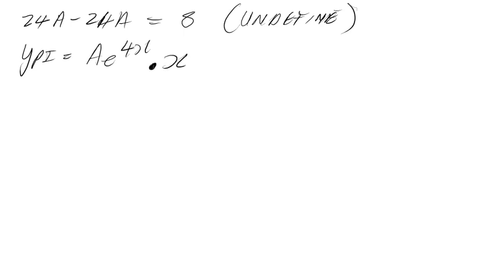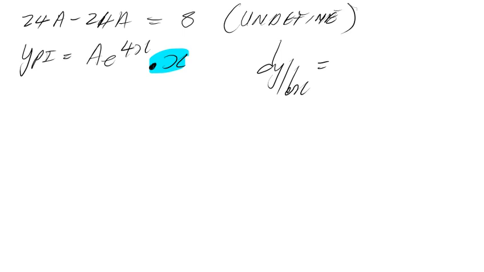Remember the method where the factors are the same, we multiply by x. You do the same thing, you multiply by x there. So then you can differentiate. You differentiate this as a product rule. This is a product.